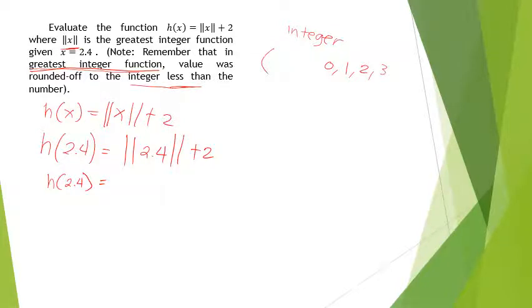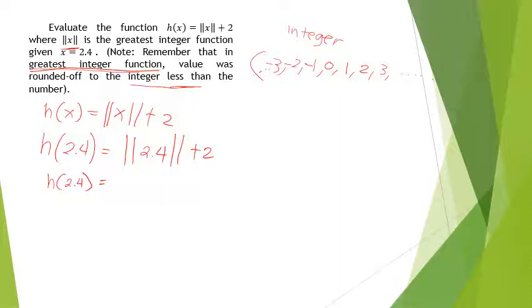Basta mga nabibilang lang yung mga buo. Pwedeng negative 1, negative 2, negative 3. Yan lang yung mga possible values ng integer.